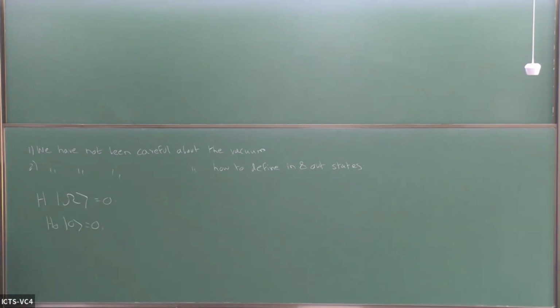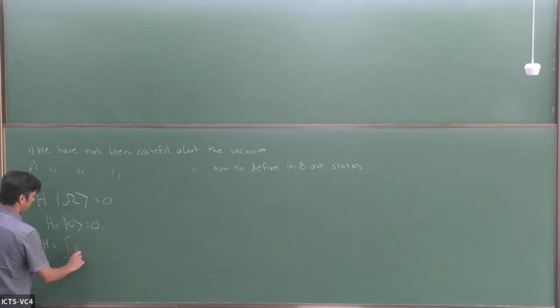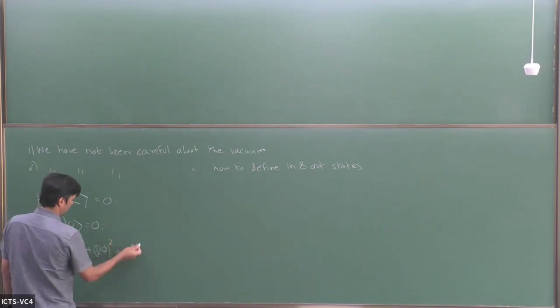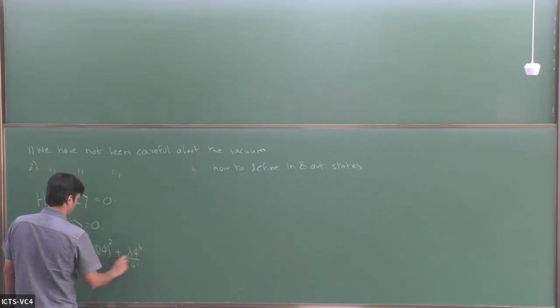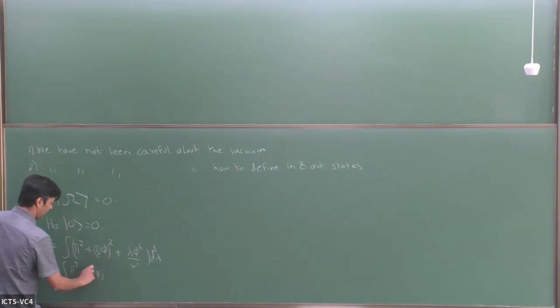They're not the same because H looks like the integral of pi squared plus del phi squared plus some interaction term, right? For instance, in the lambda phi 4 theory, H looks like this. And H0 just looks like this. And clearly, these two operators are not the same.